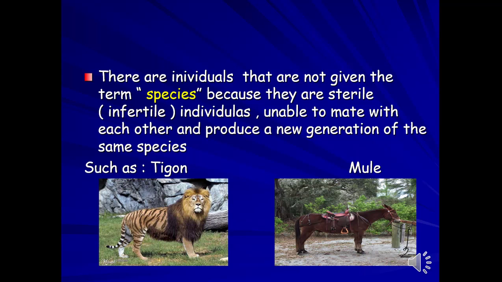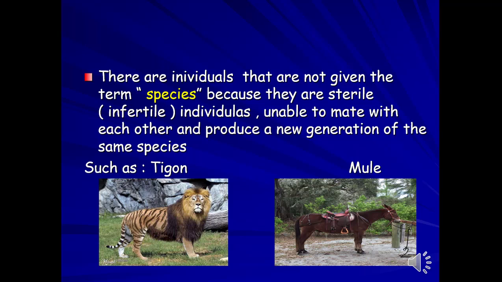We will now take two examples of organisms that we cannot put in a species because the condition we agreed on is not achieved. There are individuals that are not given the term species because they are sterile, meaning infertile individuals, unable to mate with each other and produce a new generation of the same species. We have two examples.